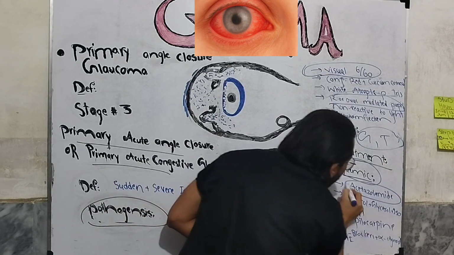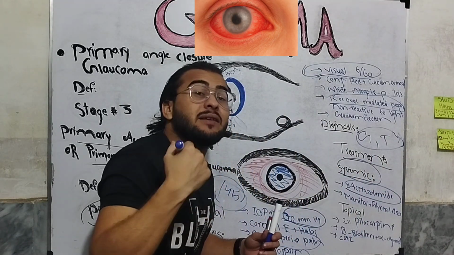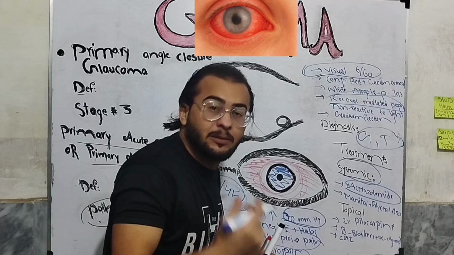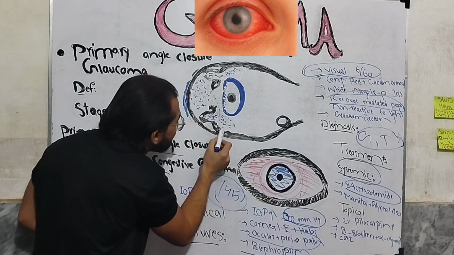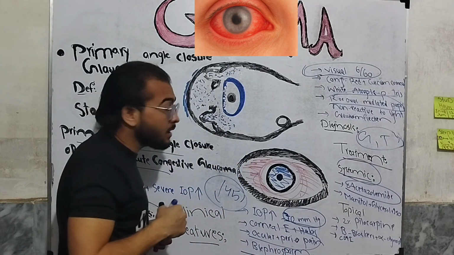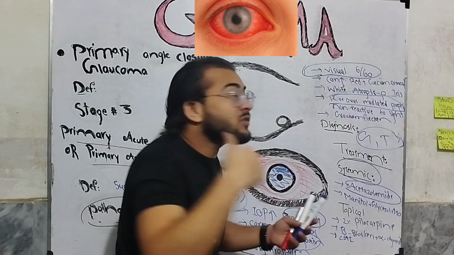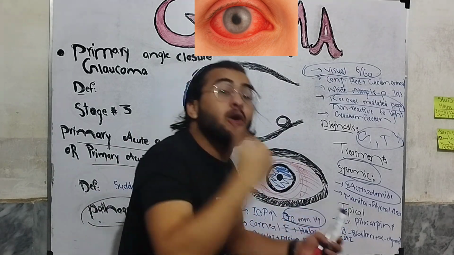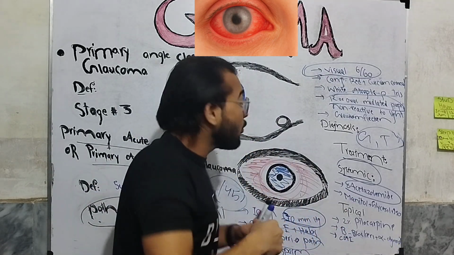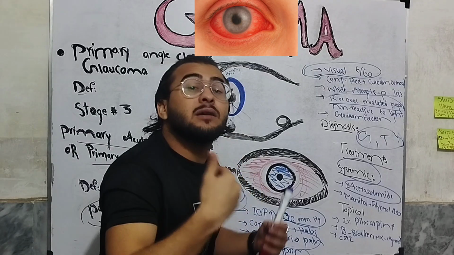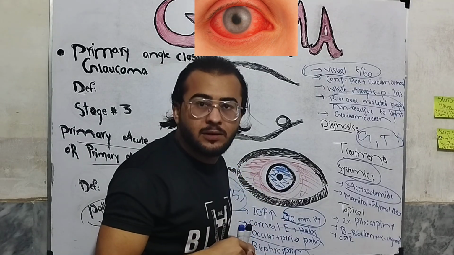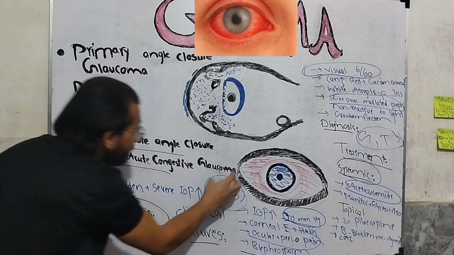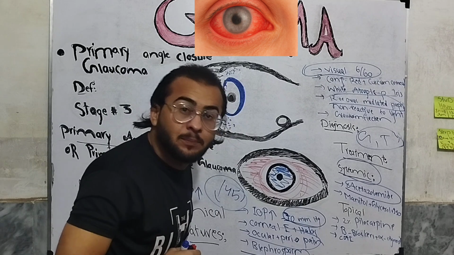Okay, acetazolamide is a carbonic anhydrase inhibitor, which inhibits the production of aqueous humor. So we will first start acetazolamide intravenously, and after that we will also give oral acetazolamide in order to drop the pressure to below 45 millimeter of mercury.